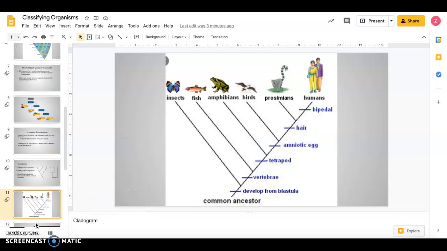Here's an example of a specific cladogram. We start with a common ancestor, and throughout millions of years, different organisms, insects, fish, evolved and split off, and eventually humans evolved.